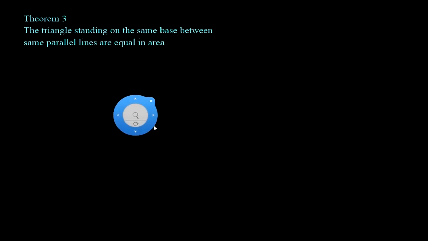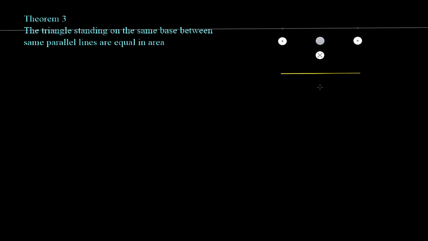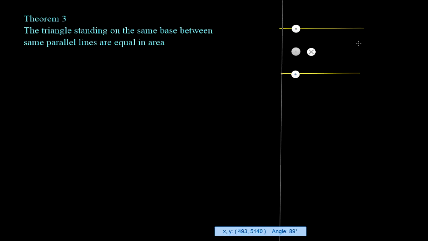It states that the triangles standing on the same base between the same parallel lines are equal in area. So that means if I draw the figure, you might get sort of irritated because I told you to pause the video and find out how to prove that, and actually I am presenting some new concept.